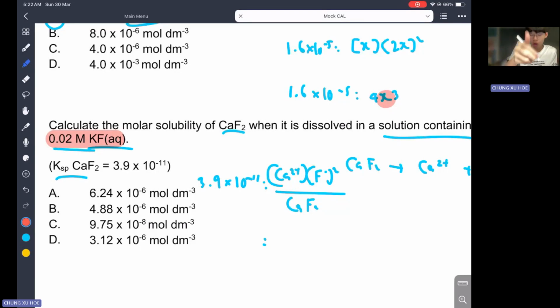This is the main point I want to mention: the common ion here is F-. So the initial value of your F- is not going to be 0 anymore in your ICE table. It's going to start from 0.02 M.